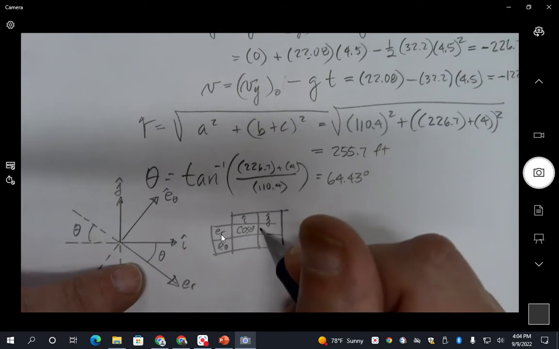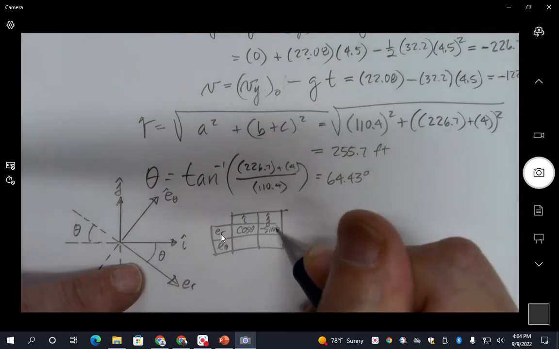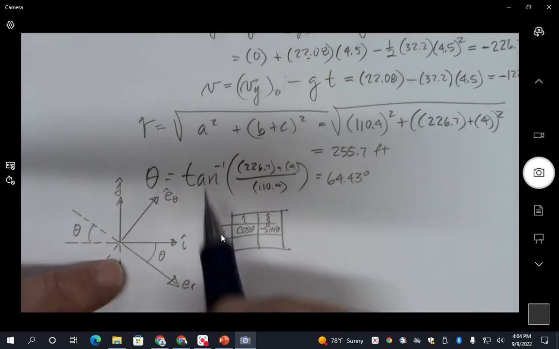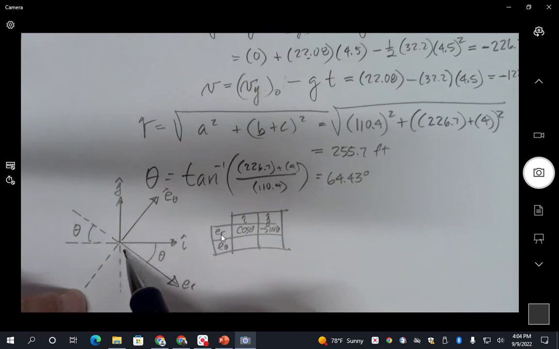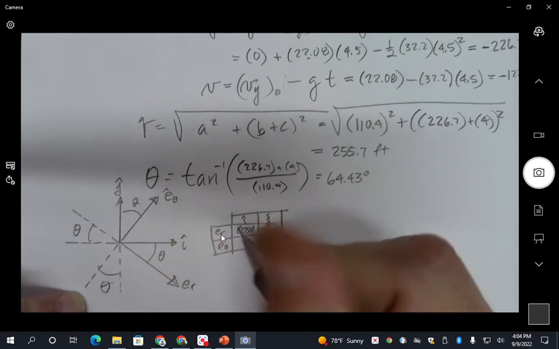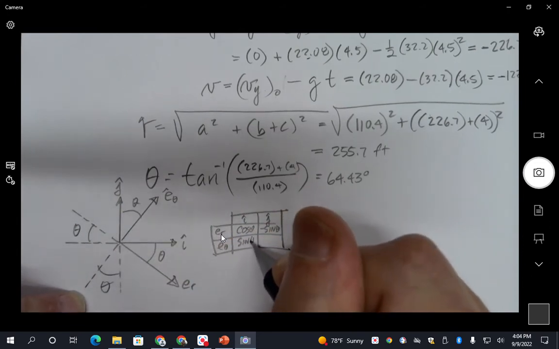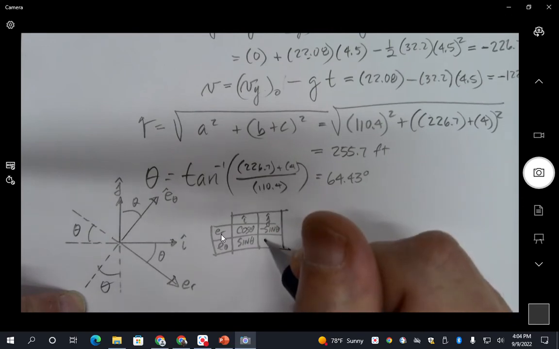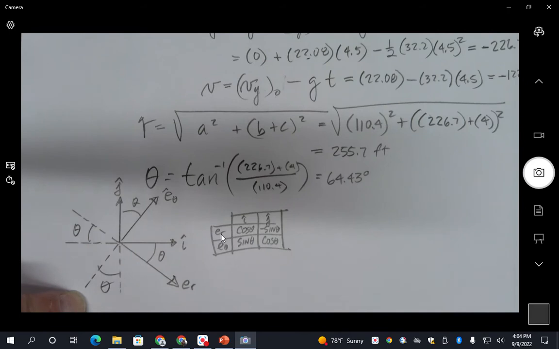And now I need a negative sign for the J, because I've dropped down below. Then for my E theta, positive sine and a positive cosine.